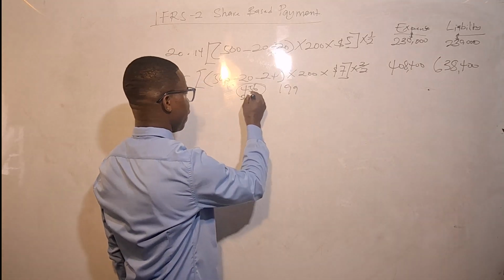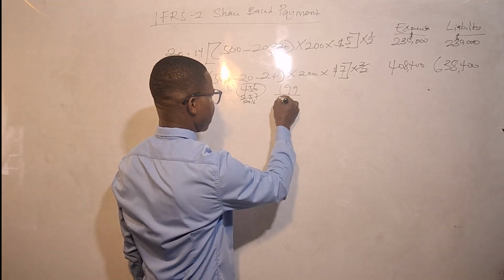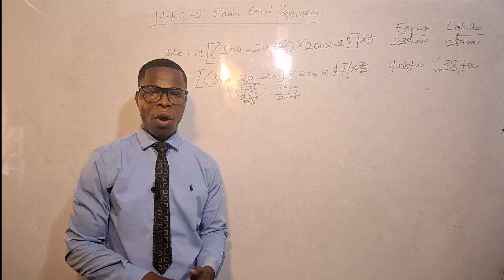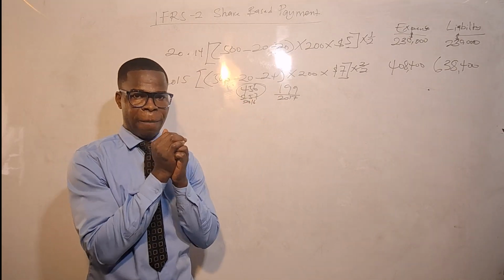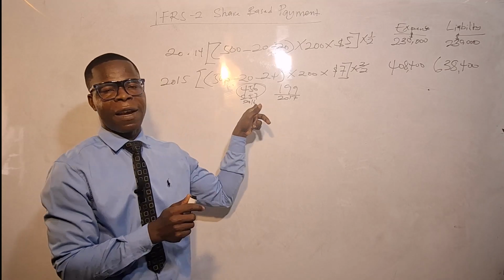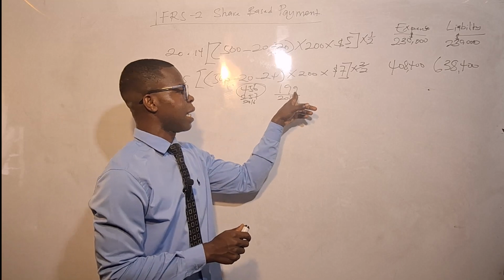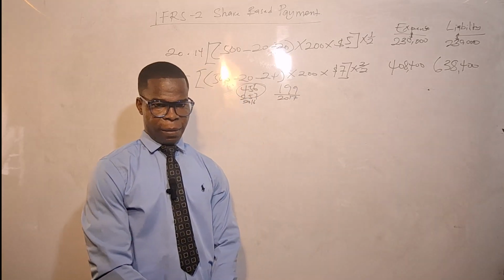So 257 is for 2016, and then 199 will exercise SARs in 2017. So please take note of that. All the employees that are left will not exercise their rights at the same time. 257 are exercising their rights in 2016, and then 199 of the employees are exercising their rights in 2017.